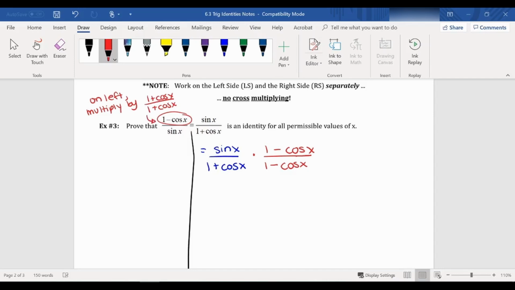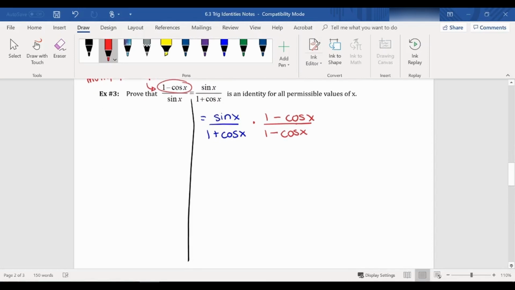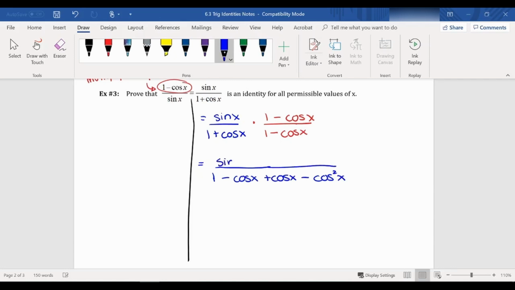Okay? So if I continue here, on the bottom, I want to expand this and I would get 1 minus cosine x plus cosine x minus cosine squared x. On the top, I'm going to leave it factored.